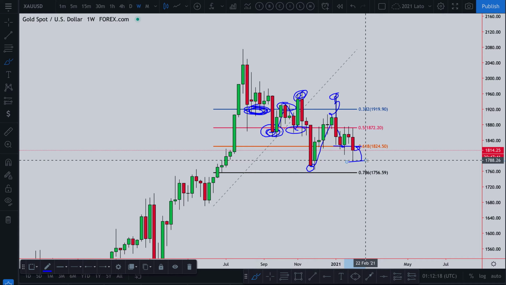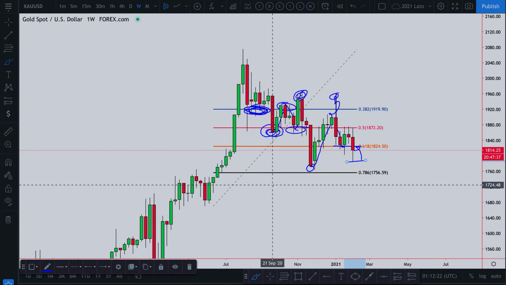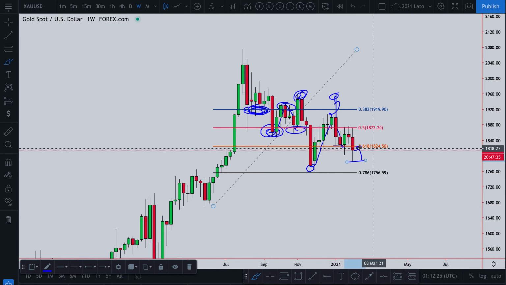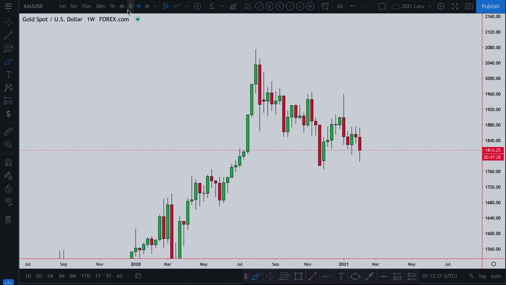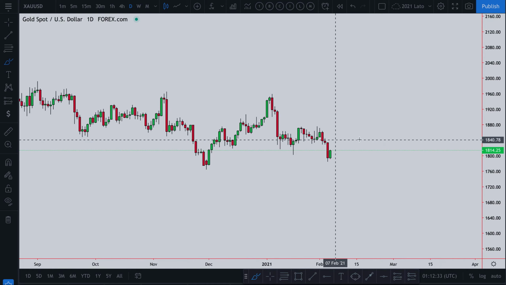It could be filled in due course in the short term. So it looks like bearish momentum at the moment. Let's have a look at the daily chart.